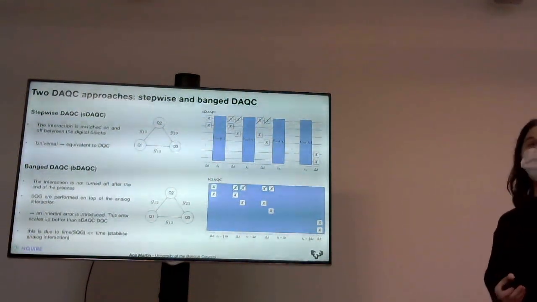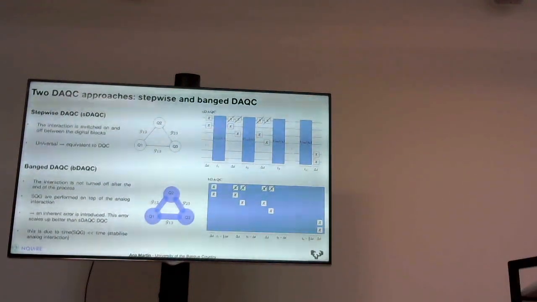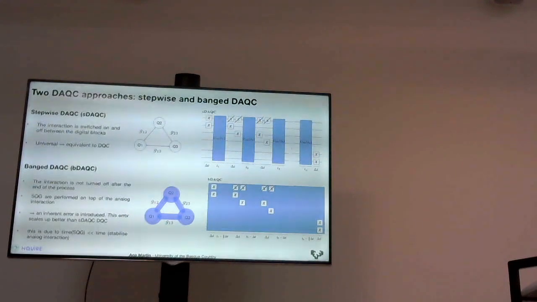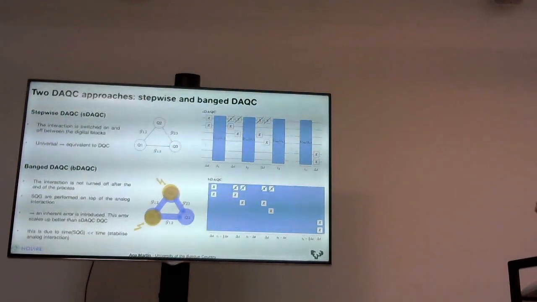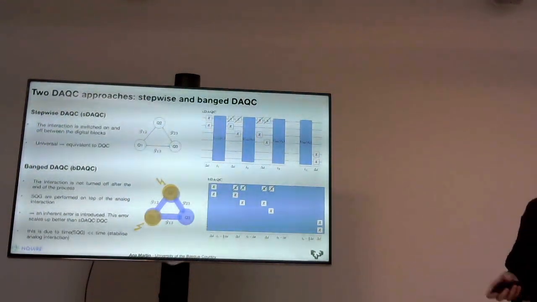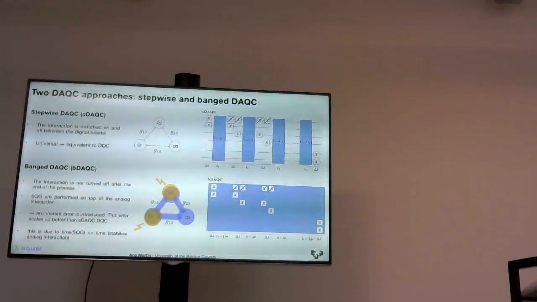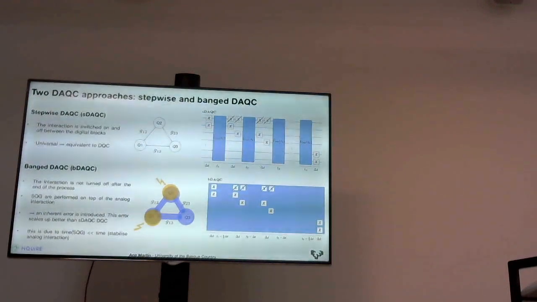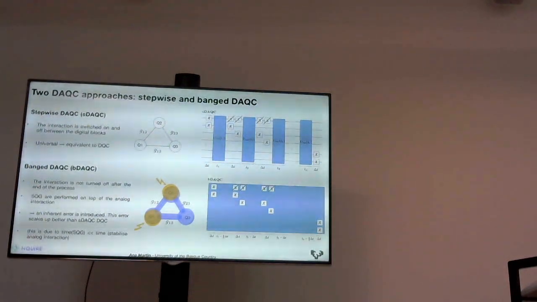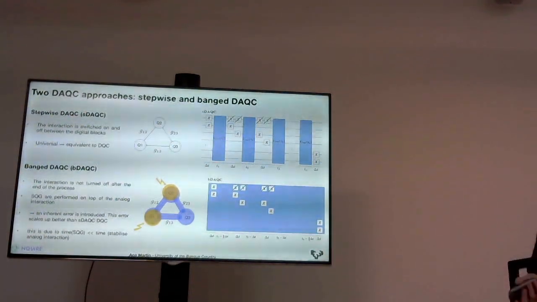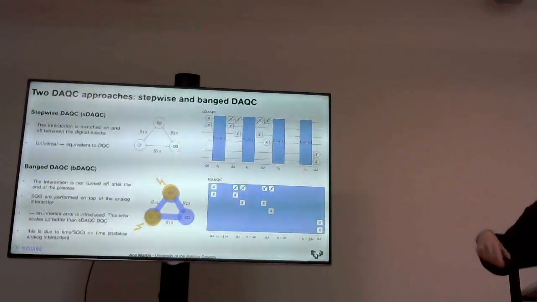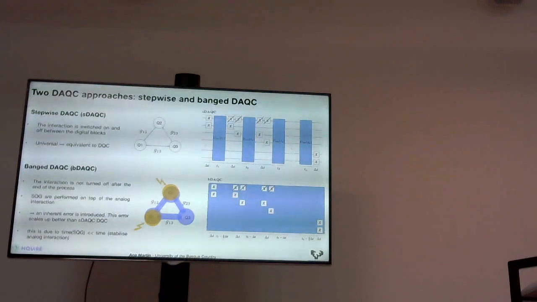And the single qubit gates are performed on top of this interaction. So the system starts interacting, and without turning it off, we apply the single qubit rotations on top of the interaction. This way, we are introducing a digital error that doesn't respond to experimental noise. It's just the result of the superposition of the Hamiltonian that comes from the single qubit gates and the Hamiltonian that comes from the interaction blocks.